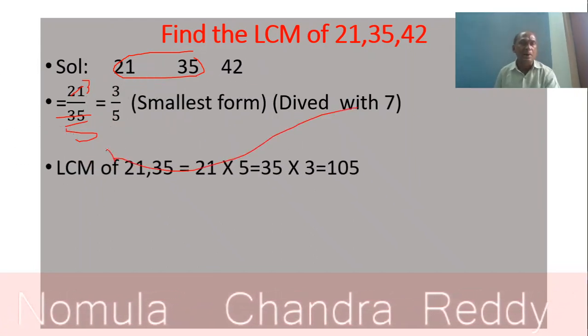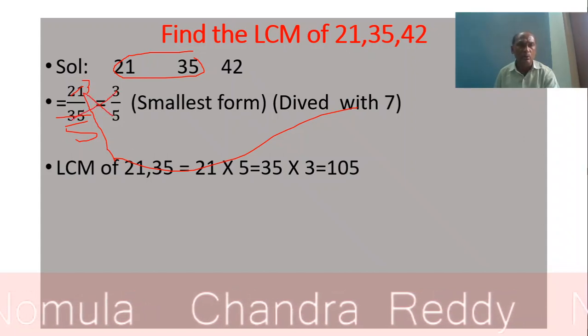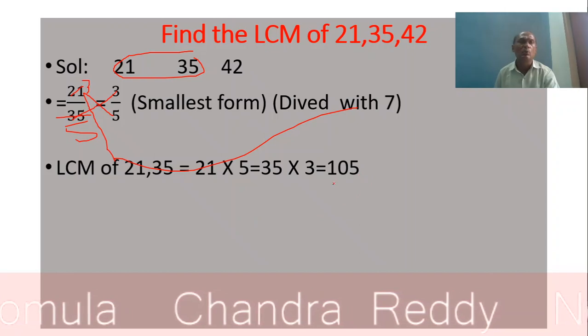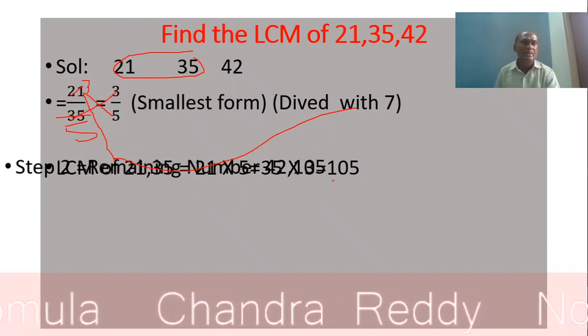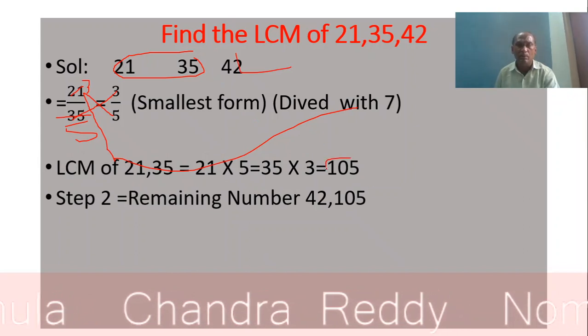Next, LCM of 21 into 5 and 3 into 35 is equal to 105. Step 2, remaining here 42 is there, here 105.